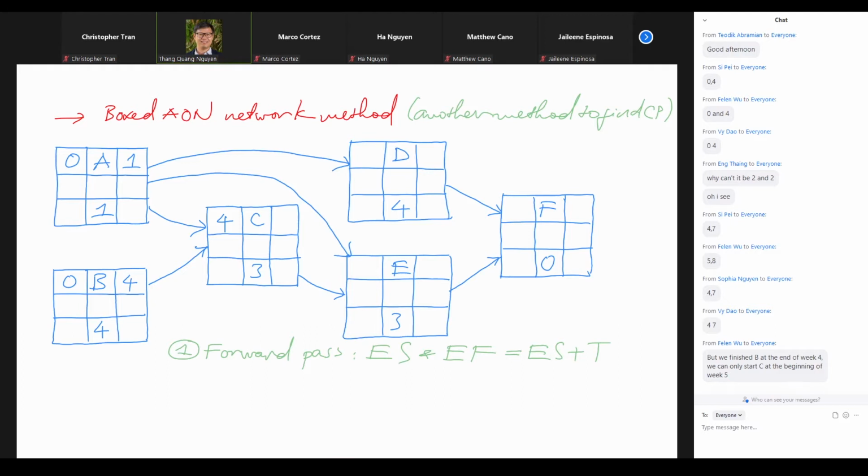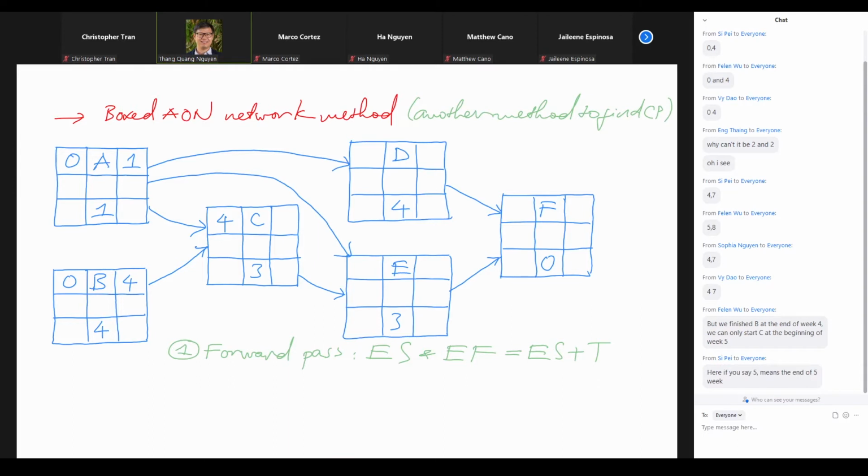Fine, so if we go back to the week units, then I would say the following. A is finished at the end of the 1st week. B is finished at the end of the 4th week, right? Then C can be started right away at the end of the 4th week. You can say at the beginning of the 5th week. That is fine. But to be consistent with the time units here, we have to say the same thing, right?